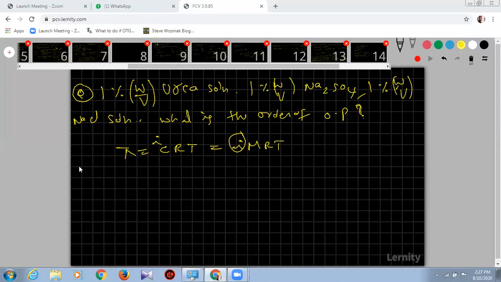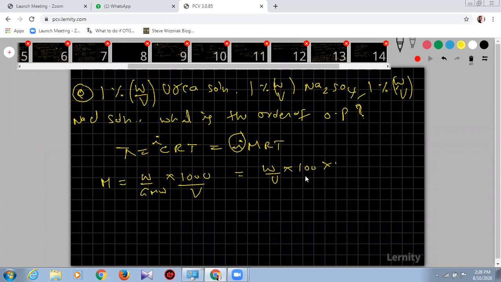So I will tell you this one now. We are supposed to recollect the concentration methods here. Molarity is equal to weight by gram molecular weight into 1000 by V. Then we convert to weight by volume percentage, which is weight by volume into 100.